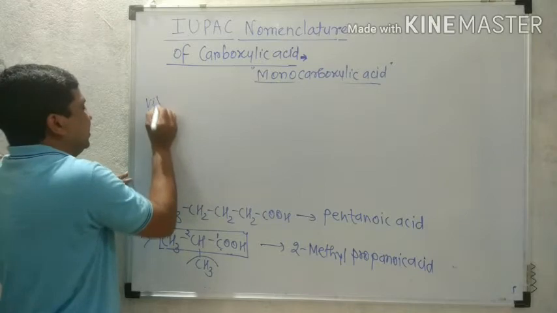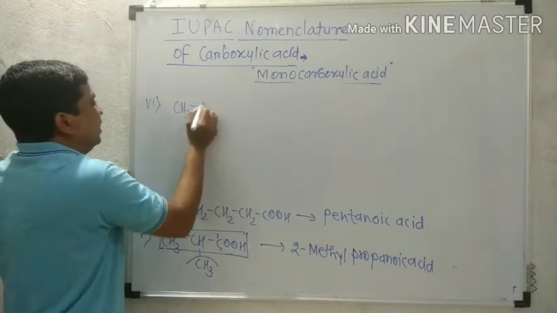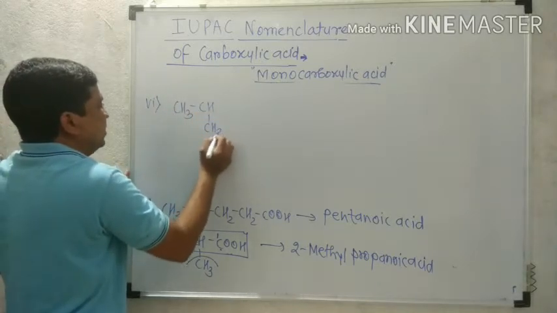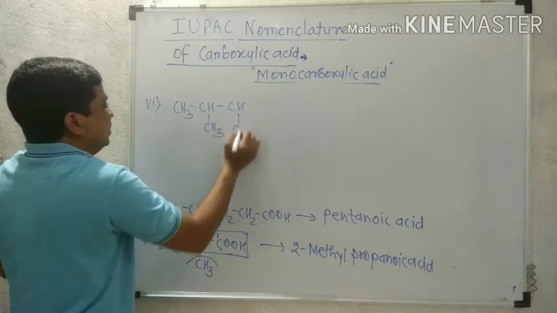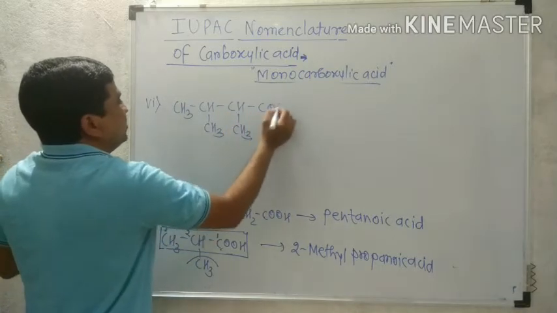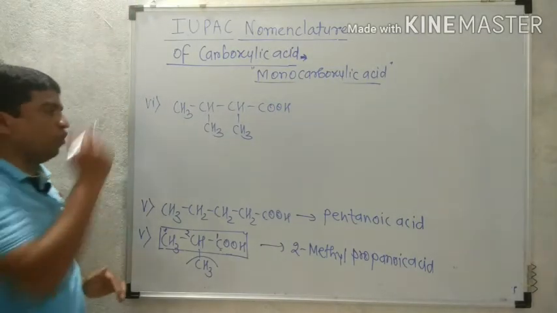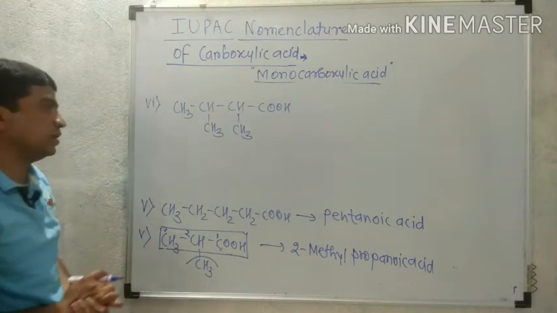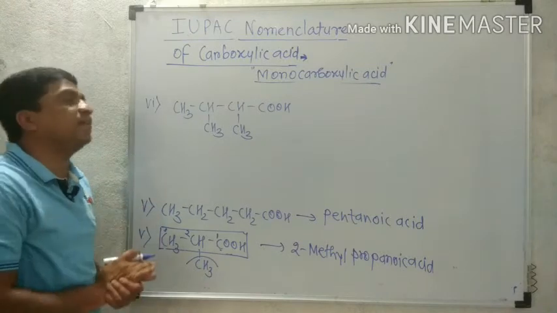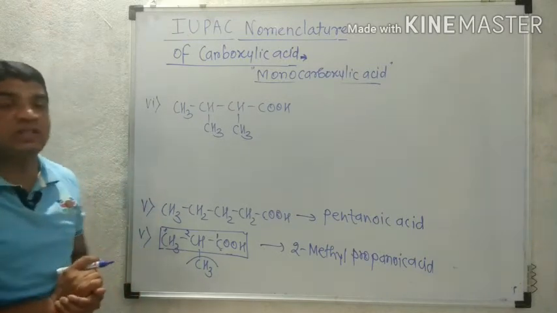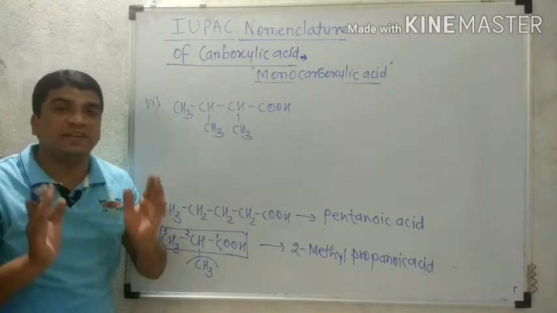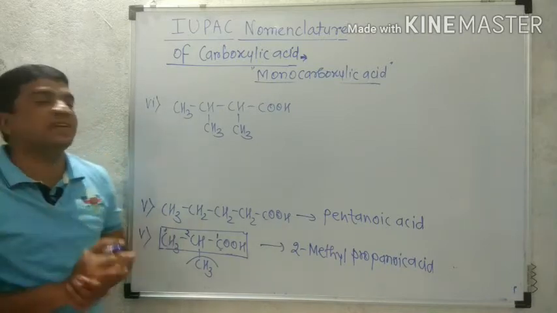The next structure has CH3, CH3, CH3 and COOH, this is the carboxylic acid. If you want to give the IUPAC name for this structure, our first task is to select the longest chain of carbon containing COOH as the parent structure.